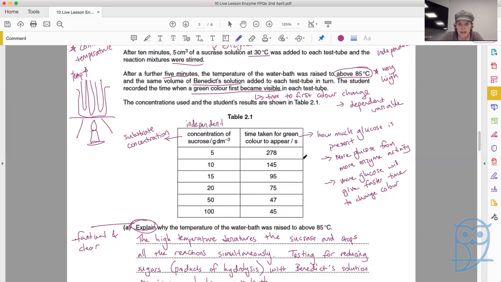So if we look at our rates, I haven't given myself much space, so we'll put it here in the middle. We've got 0.0036. I did calculate these earlier and write them down. So 1 divided by 145, 0.0069. Same thing again, 0.0105, 0.0133, 0.0213, and 0.0222.